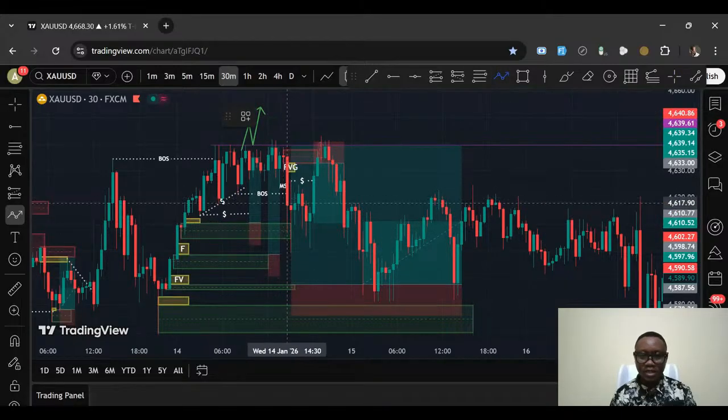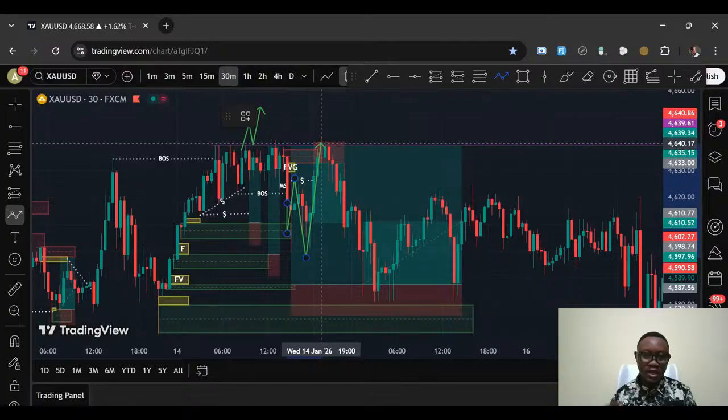So price tapped into the order block zone and gave this move up to this point, then retraced and tapped into this rear zone, and went straight to our TP. Look at it. So the second zone smashed TP, right?